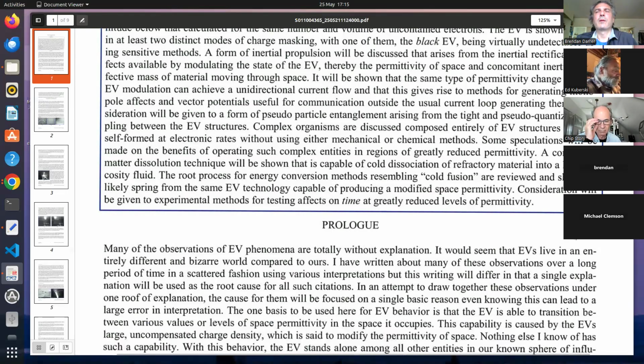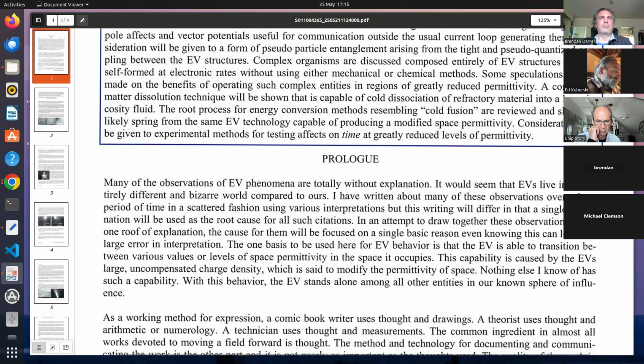A condensed matter dissolution technique will be shown that is capable of cold dissociation of refractory material in a low viscosity fluid. The root process for energy conversion methods resembling cold fusion are reviewed and shown to likely spring from the same EV technology capable of producing modified space permittivity.